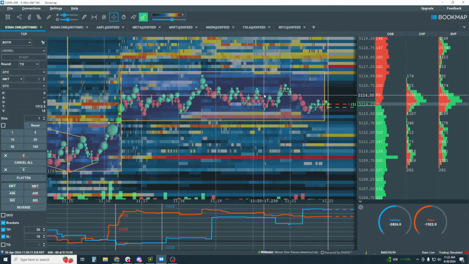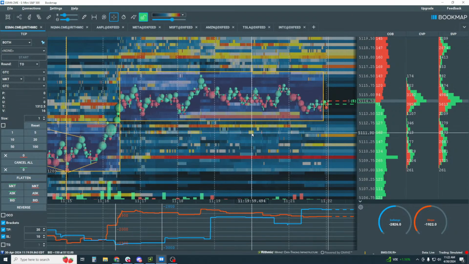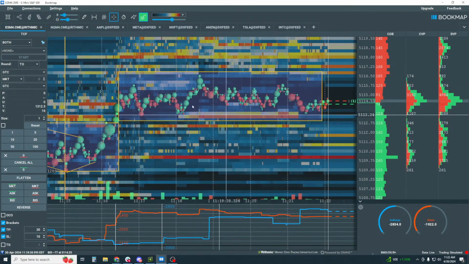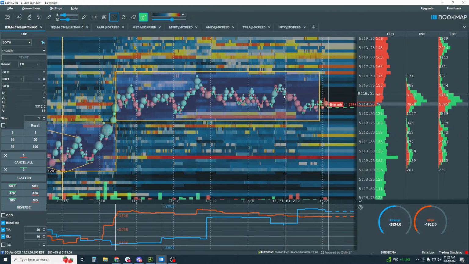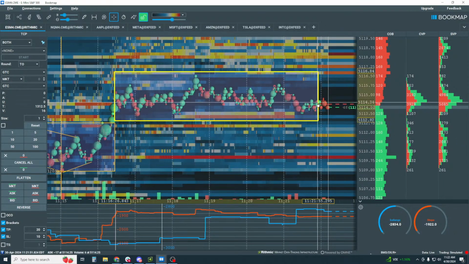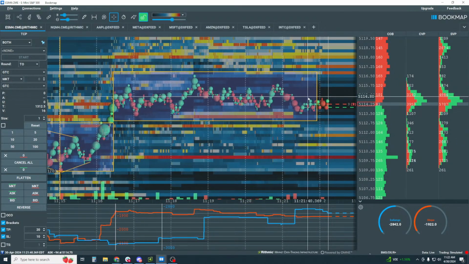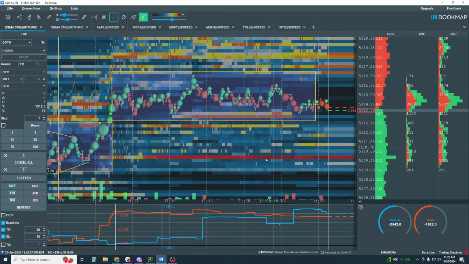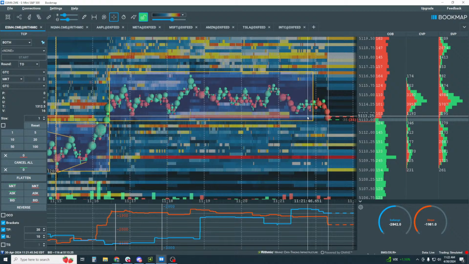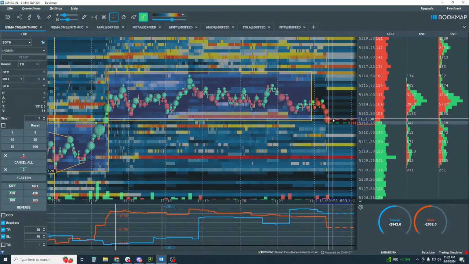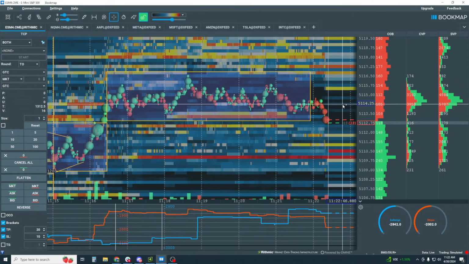What does it look like in here? We have mostly buyers here, a little bit of selling coming in. It's just kind of choppy right now. Here comes some sellers, and they're pulling that liquidity. So let's see if we can get a pullback here, though.